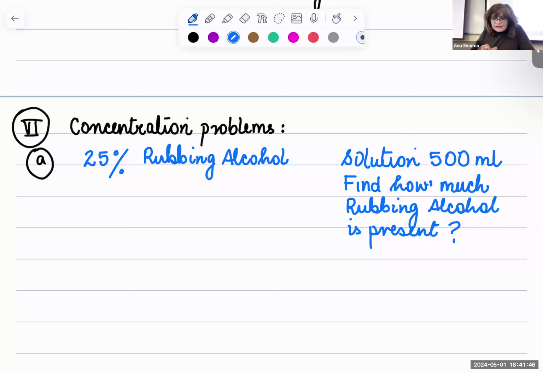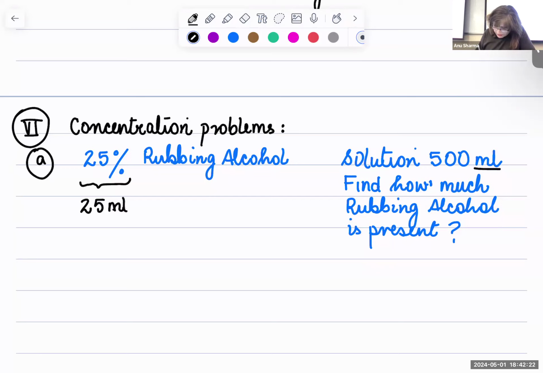What does 25% mean to you? Yeah. So here it means 25% rubbing alcohol concentration, because we are looking at volume in milliliters.